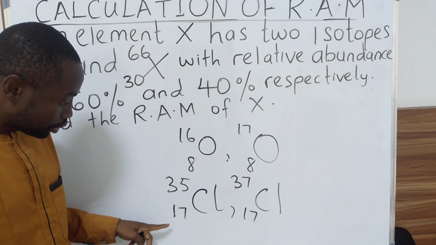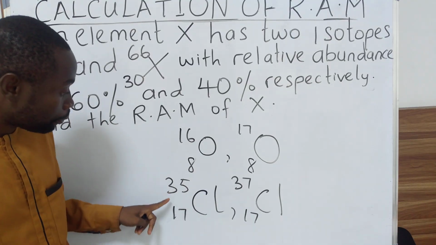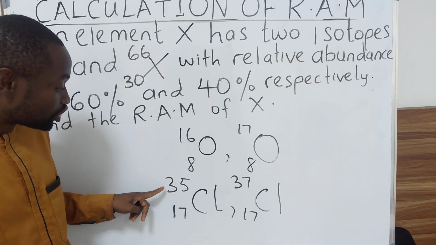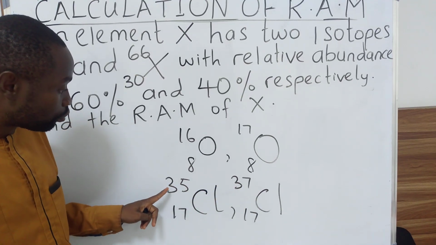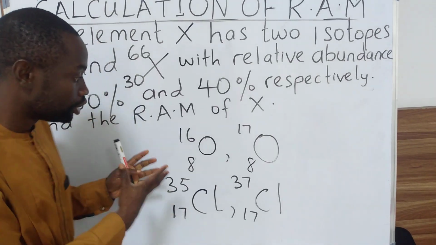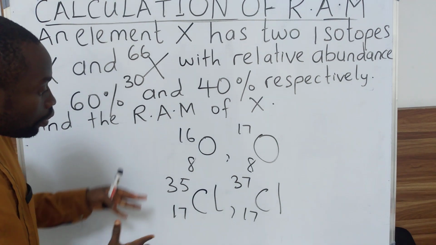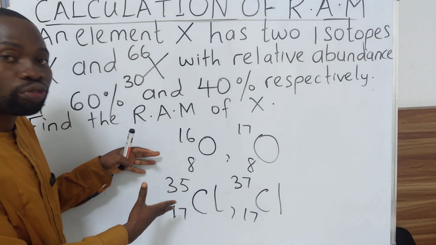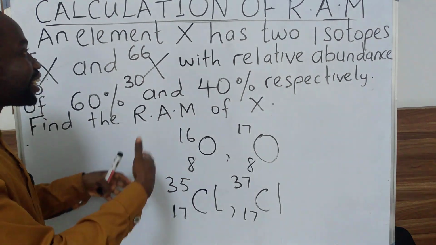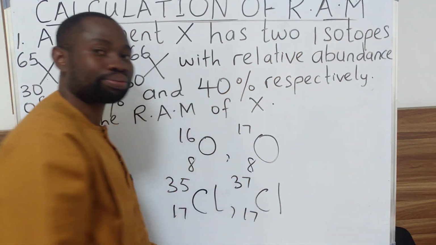For chlorine, the atomic numbers are the same. They are both 17, but their mass numbers are different. One is 35 and one is 37. So this is what we call isotopes, and it is from the isotopes of elements that we calculate relative atomic mass.